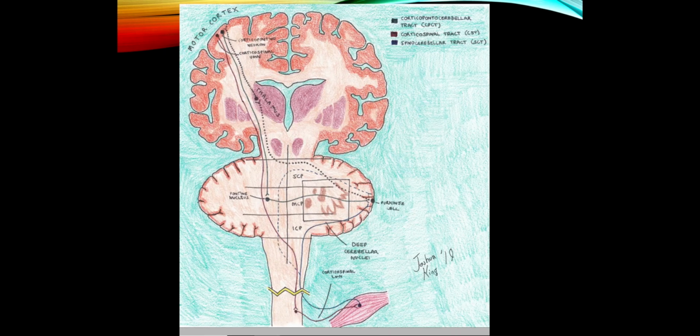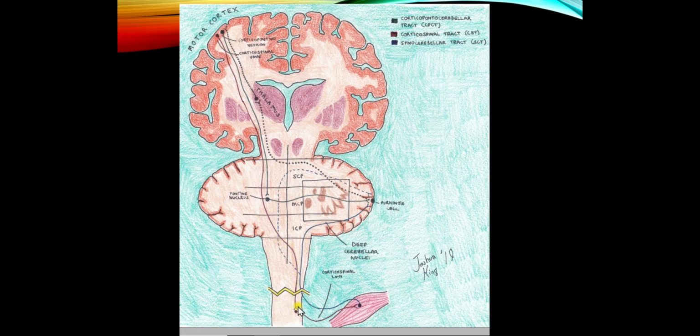So here's an overview of how the cerebellum works. Let's assume this is the left side of the brain, and let's follow the corticospinal tract here in red. We've already mentioned the corticospinal tract travels through the posterior limb of the internal capsule, through the cerebral peduncle, through the basis pontis, through the medullary pyramid, and then it crosses.